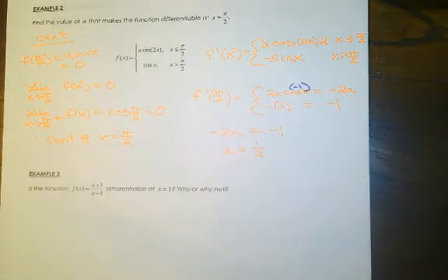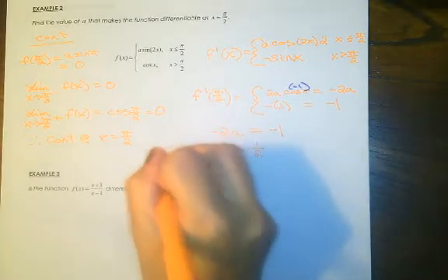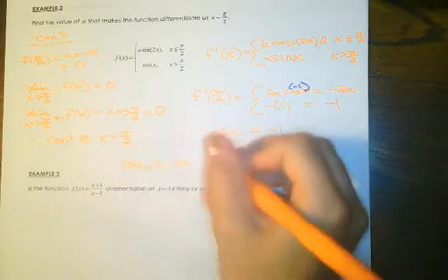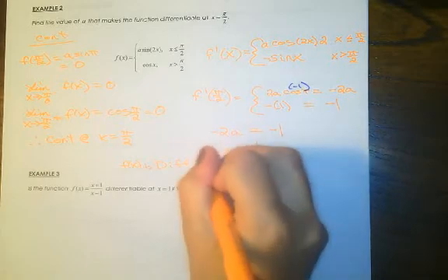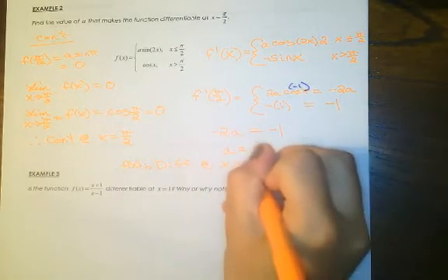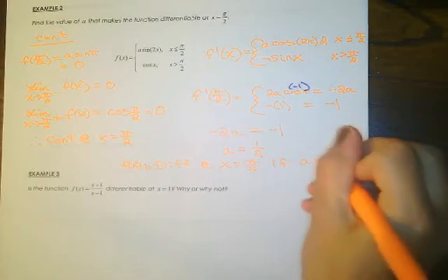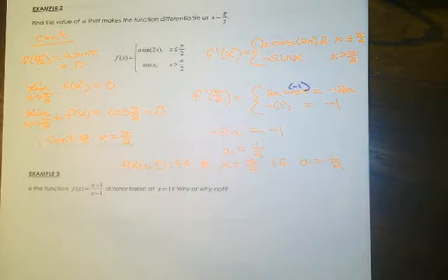So f of x is differentiable at x equals pi over 2 if a equals positive 1/2. Okay? So you've got something like that.